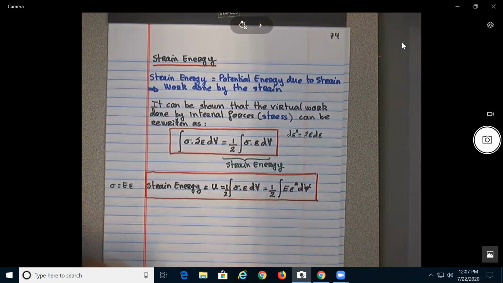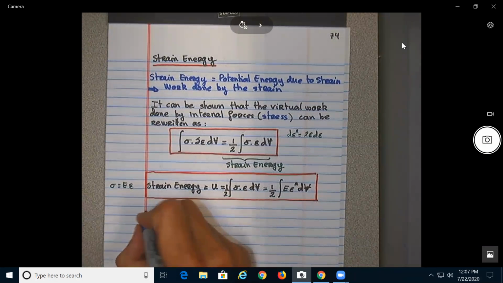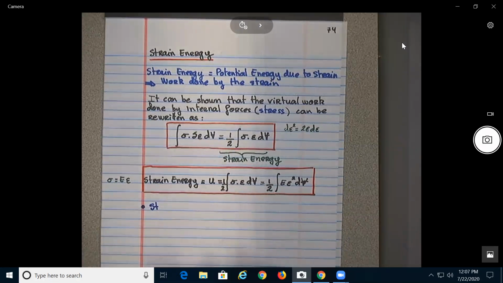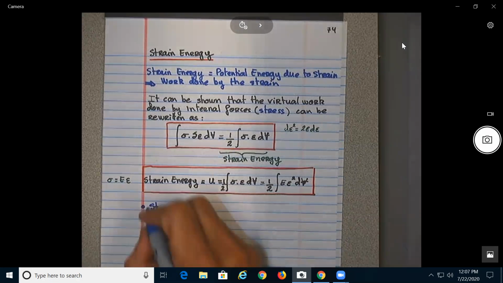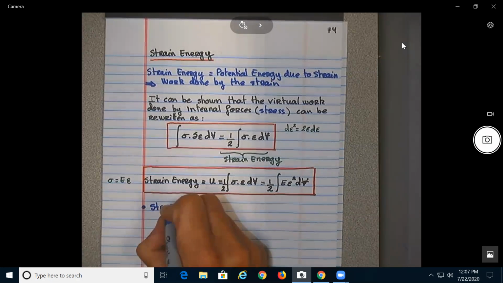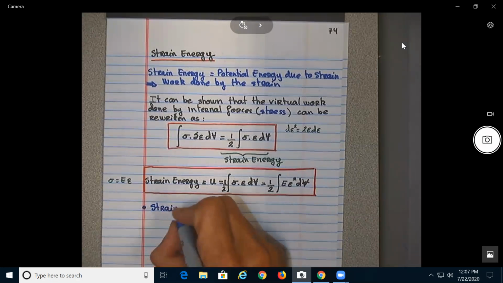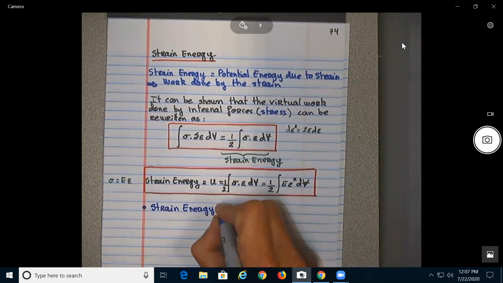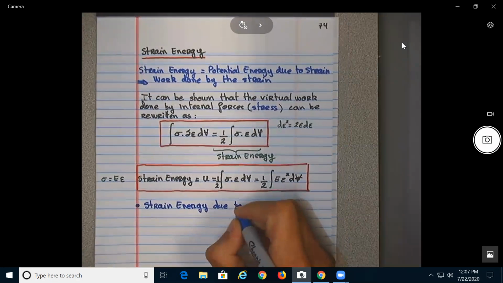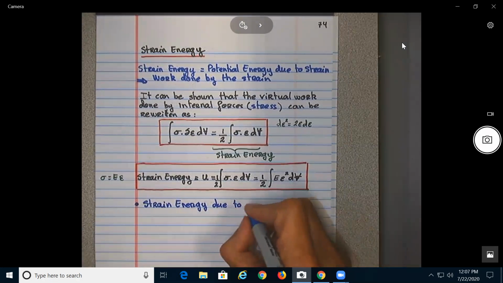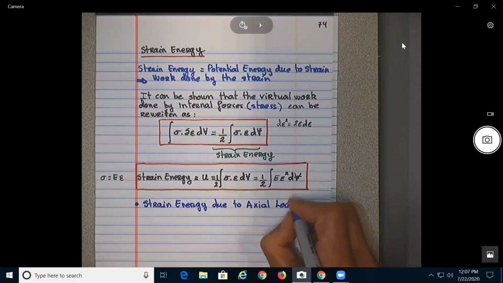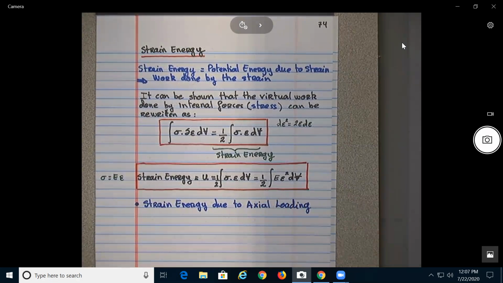So using this, now we're going to do the important part to understand. Before, it was just derivation, but this part is important because that's what you will have to be doing over and over. So strain energy due to, I call it in-plane, but let me just call it axial loading because it's short to write down, and it's the same.